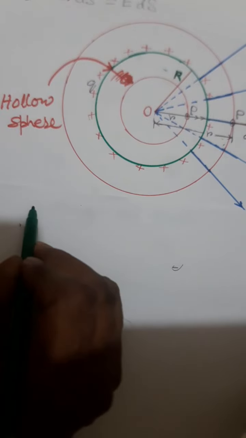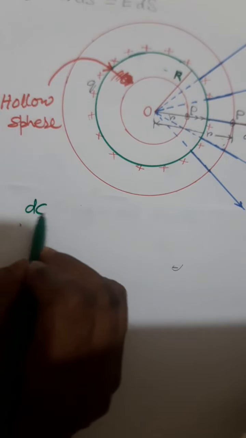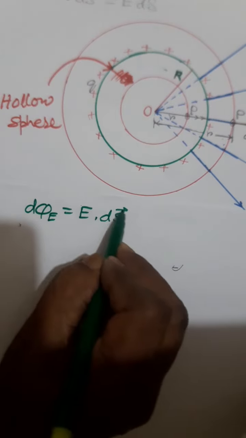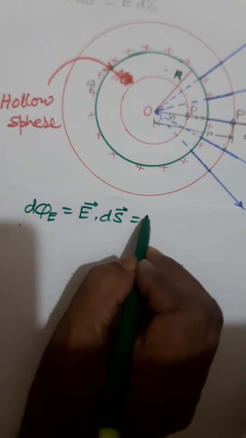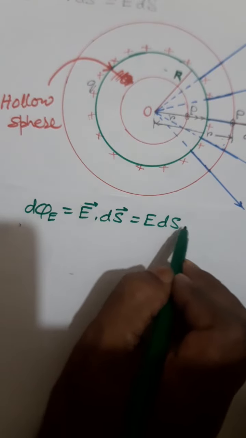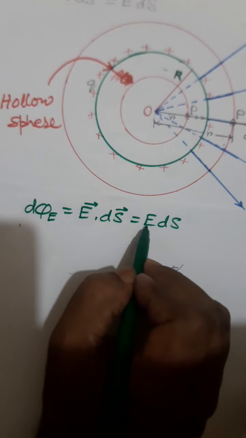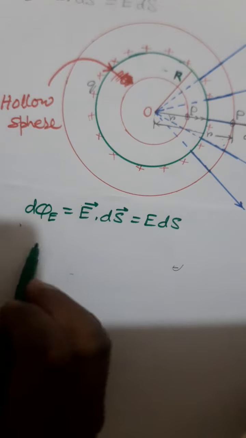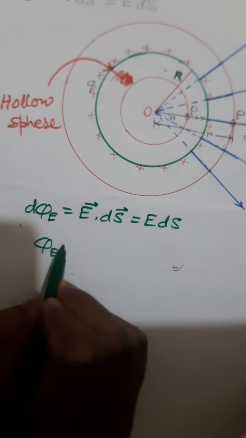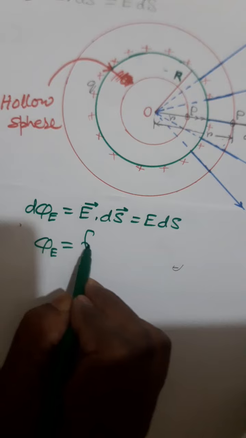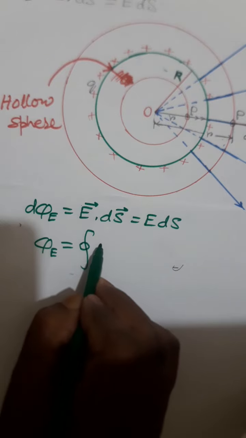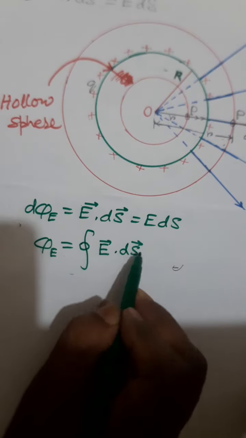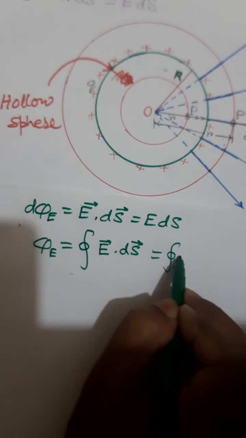The electric flux of the differential surface, d phi E, equals E dot dS, that is E dS cos 0 degree, which is 1, so E dS. The total electric flux of the Gaussian surface, phi E, equals the closed surface integration of E dot dS, that is, integration E dS.